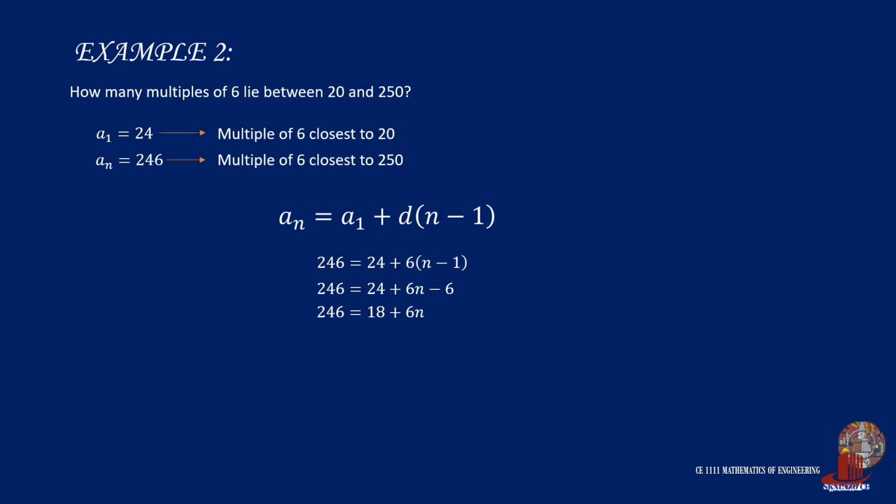Collect all constants to arrive at 246 is equal to 18 plus 6n. Then transpose 18 to the other side to have 228 is equal to 6n. Isolate n by dividing the equation by 6 to have n is equal to 38. Therefore, there are 38 multiples of 6 between 20 and 250.